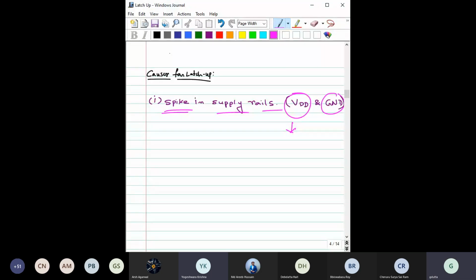The second one is ESD, that is electrostatic discharge, right? So you have some terminals that are electrically isolated, like what you have seen during thundering, right?